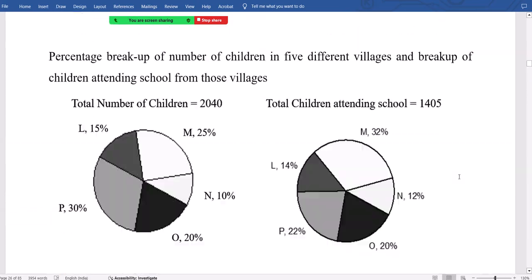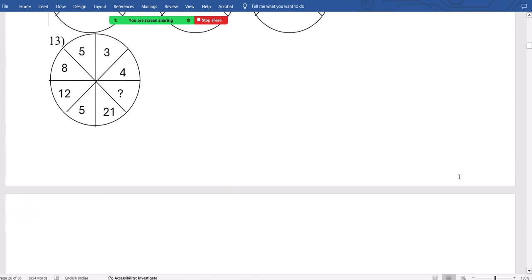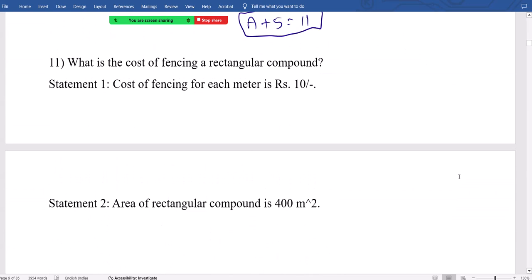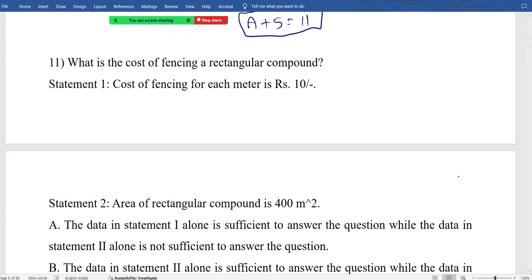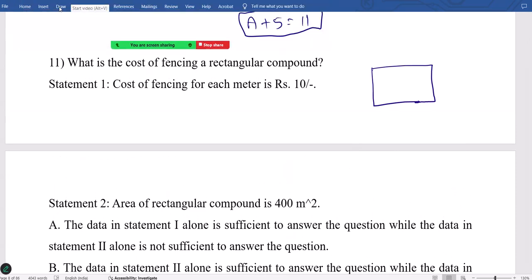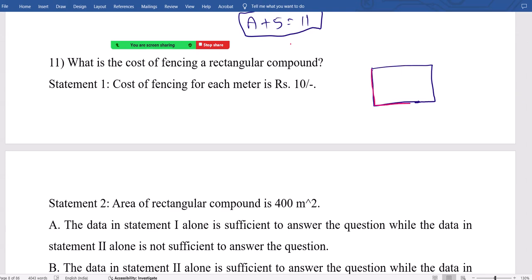Right. So let's have a look into this question. You have to find the cost of fencing a compound. If you want to find the cost of fencing a compound, we need to identify the length of this compound.